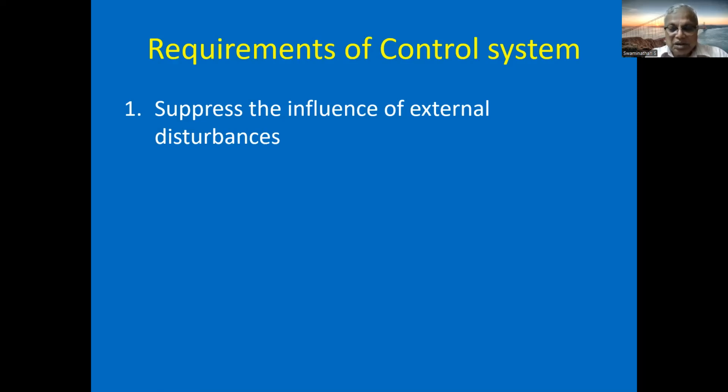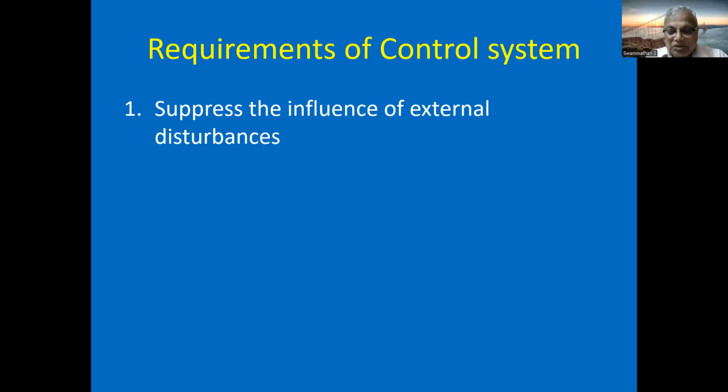I design and operate this process. It will give me the required objective, 100 kg per hour at 70 degrees output, as long as the design variables are constant. For example, the input temperature is 30 degrees, the steam temperature is specified, maybe 100 degrees centigrade, or steam pressure is specified as 2 atmosphere. Steam quantity is specified. As long as these are constant, you will get the required output.